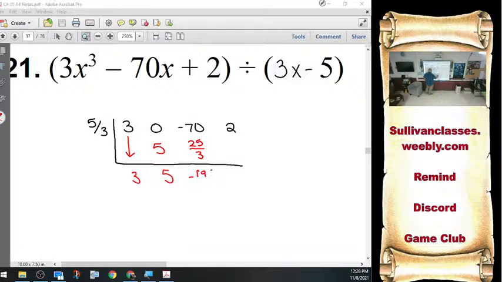Oh, I forgot a placeholder. Sorry. Wait, is that divisible by 3? All right, because that's negative 210 thirds, 20 thirds, negative 190. Oh, 185 thirds. There we go. So that's 925 ninths.